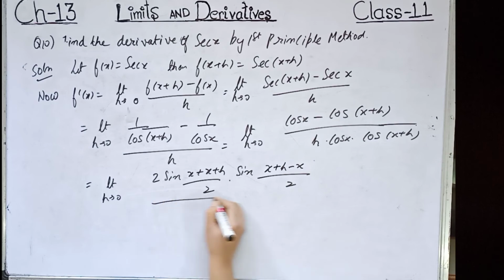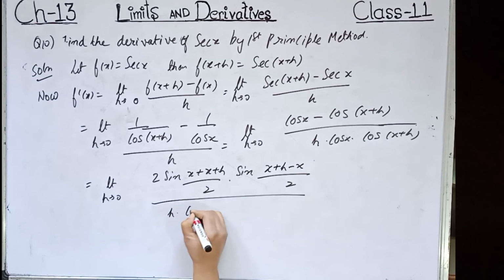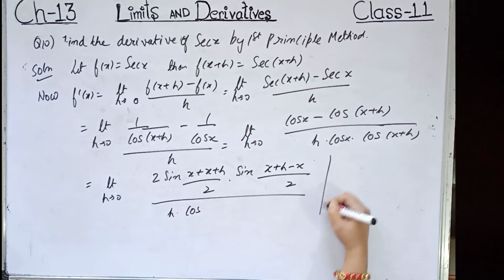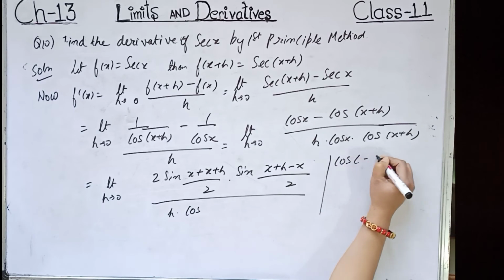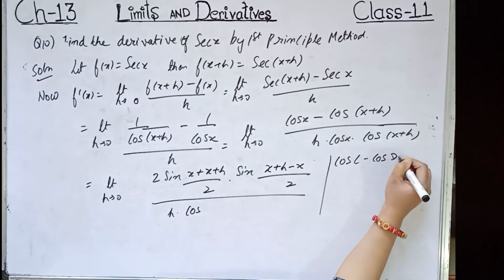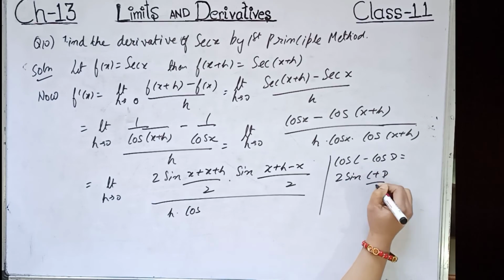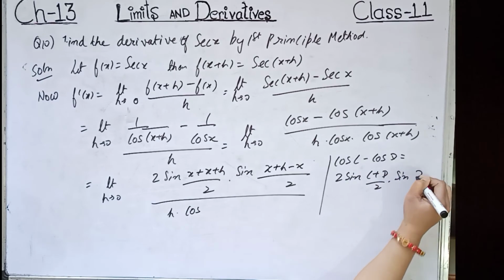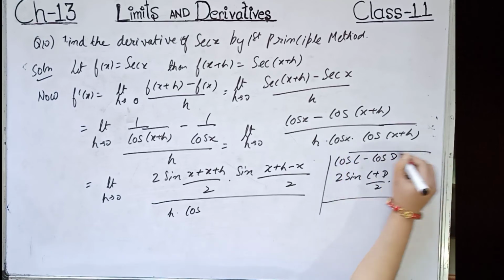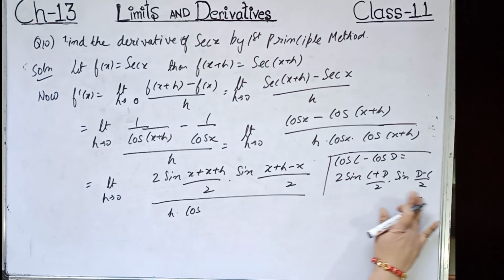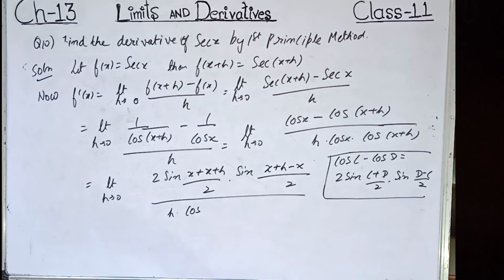Divided by h into, I am writing over here, cos c minus cos d equals 2 sine (c plus d) by 2 into sine of (d minus c) by 2. You can write in terms of a and b also. Divided by h cos x into cos of (x plus h).